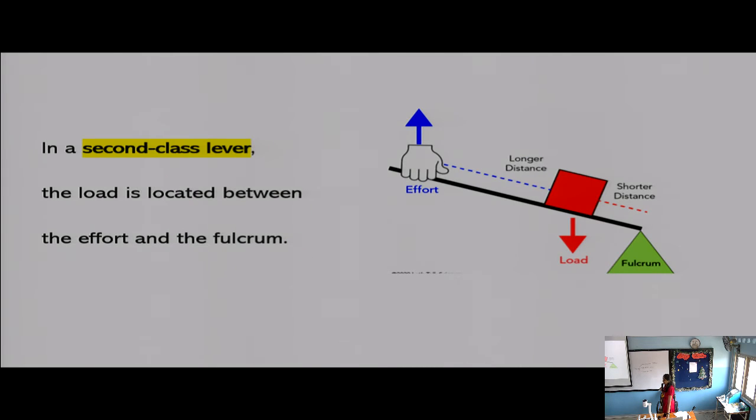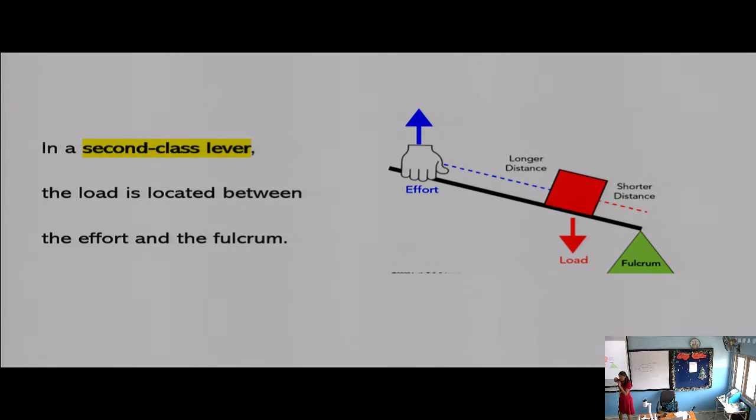And next is second class lever. In this type of lever, the load is in between the effort and fulcrum. Which part is located in the middle?